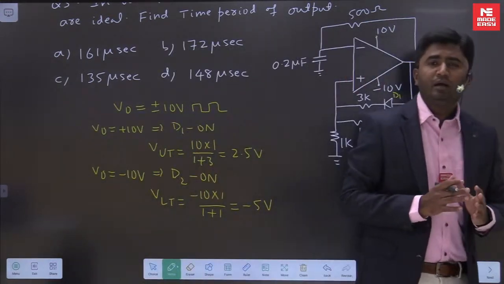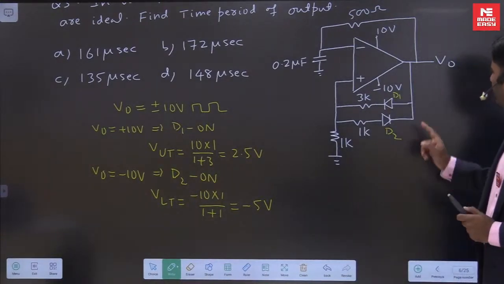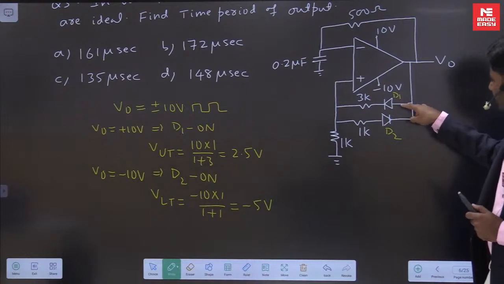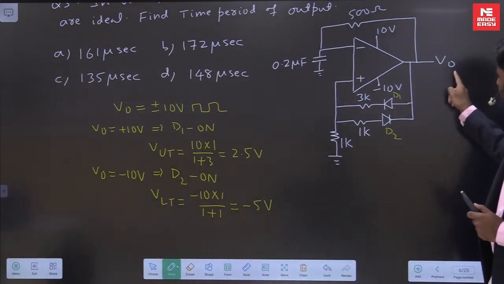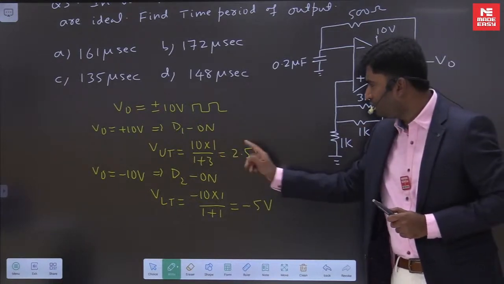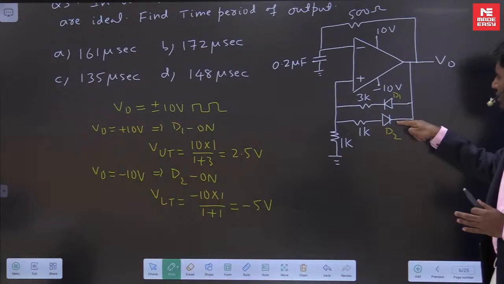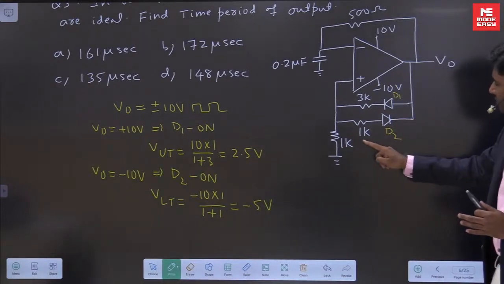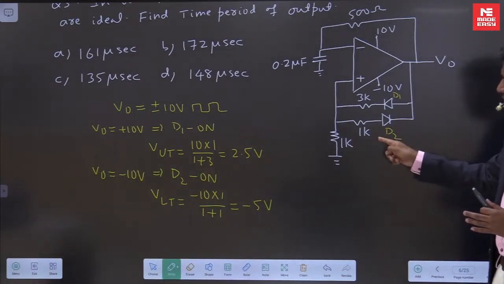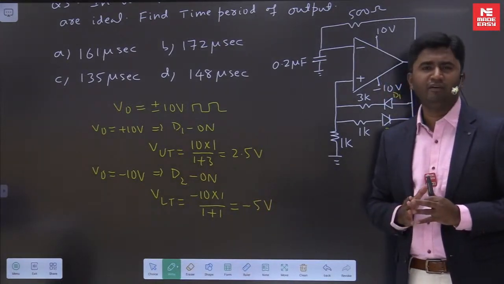In this way, I have first calculated the threshold voltages: when output is plus 10, D1 is on and output divides between 3K and 1K, giving the upper threshold; when output is minus 10, D2 is on and 1K and 1K form a divider, giving minus 5 volt.